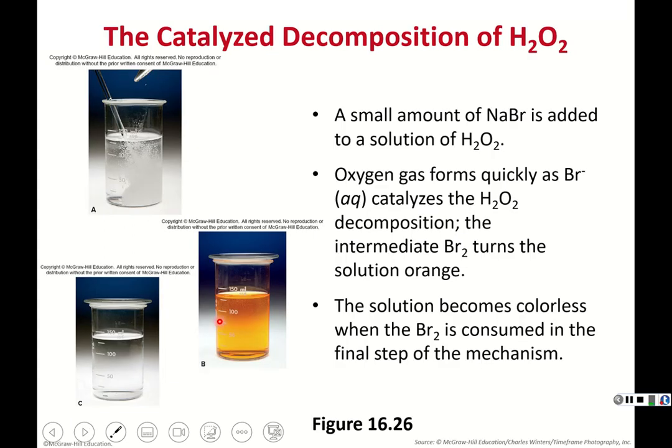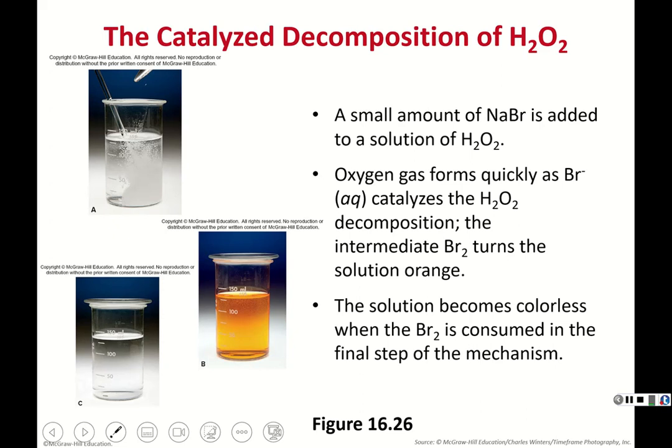Right, and here we have just a figure from the book that shows this. So if we add a small amount of sodium bromide to a solution of hydrogen peroxide, what we see here is oxygen gas forms very quickly as the bromide anions catalyze the decomposition of hydrogen peroxide.